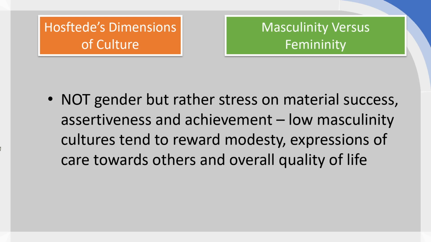So according to Hofstede, a masculine culture is one that stresses material success, so financial or economic success, assertiveness and achievement, whereas for feminine cultures, again, the naming is unfortunate in today's age, but you can see what Hofstede's trying to get at. A culture with low masculinity and high femininity rewards modesty, expressions of care and overall quality of life rather than material success and achievement.